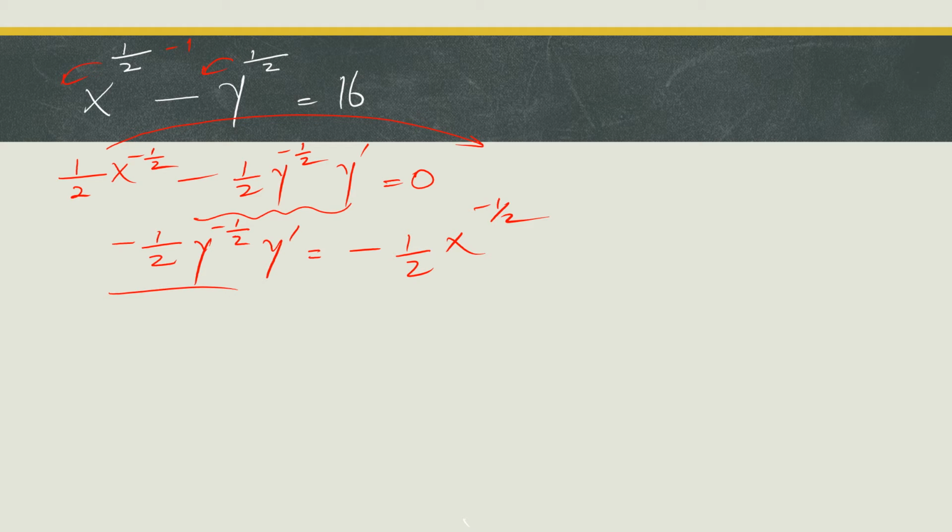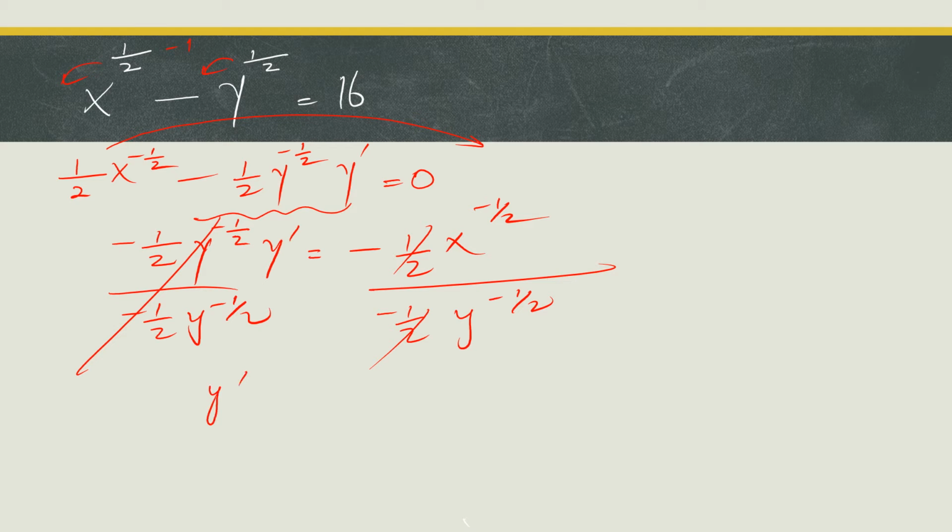Now divide both sides by negative half y to the power negative half in order to find the y prime value. So in the end, half will be cancelled with half. You will get y prime equals x to the power negative half divided by y to the power negative half. Now, if this is the option, then this is your answer.